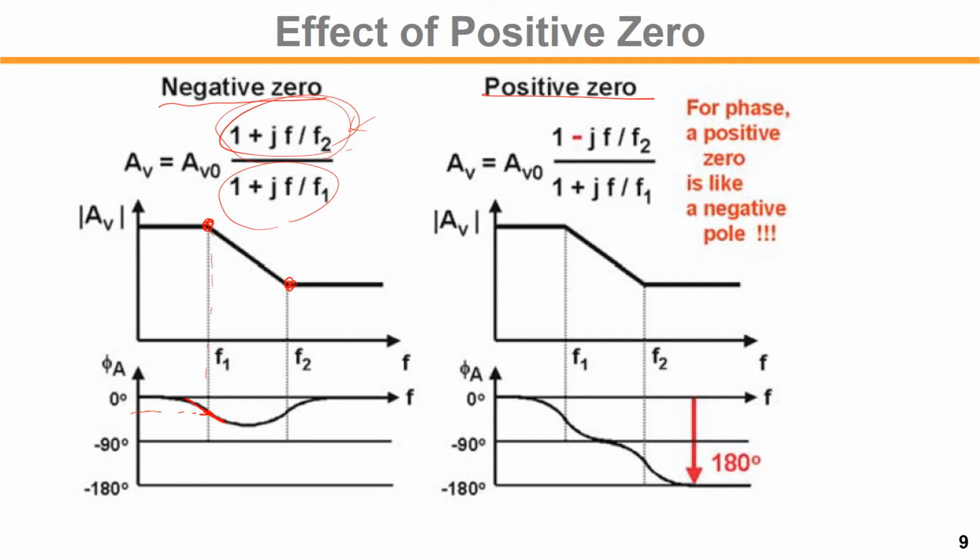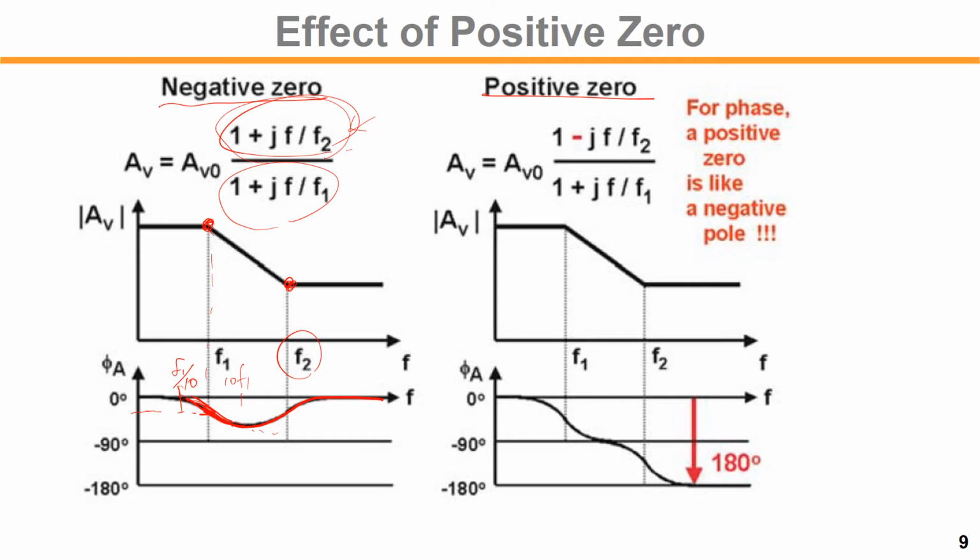Phase shift starts at approximately 1/10 of F1, and it will stop at approximately 10 times F1, right? So it will be something like this, and then F2 will have the positive phase shift. So the negative phase shift is kind of compensated, finally going back up to zero phase shift, right?